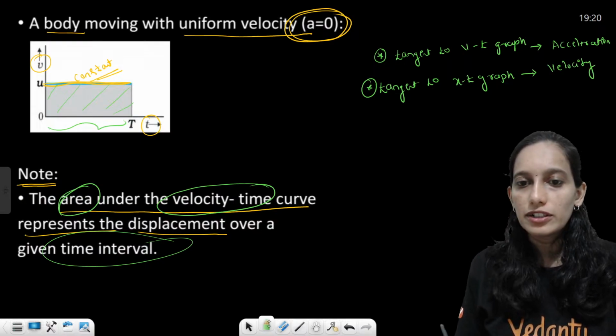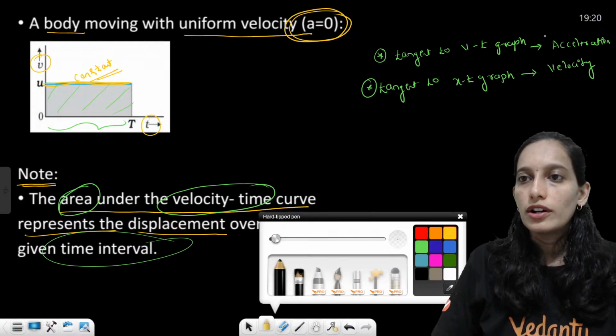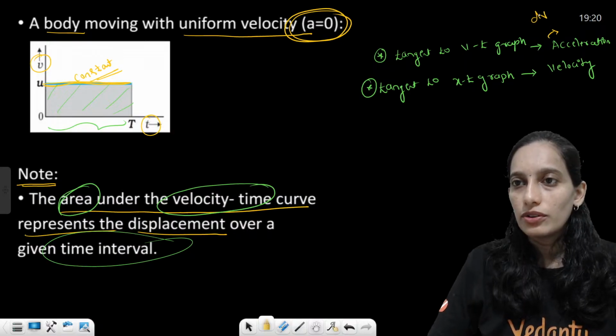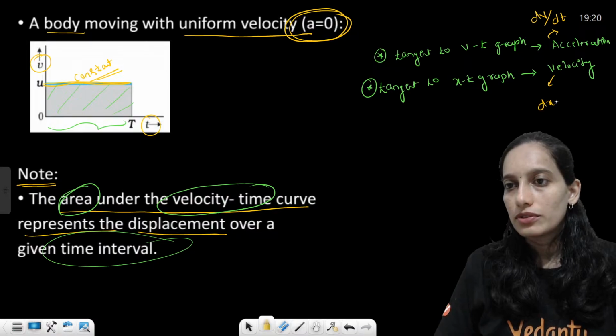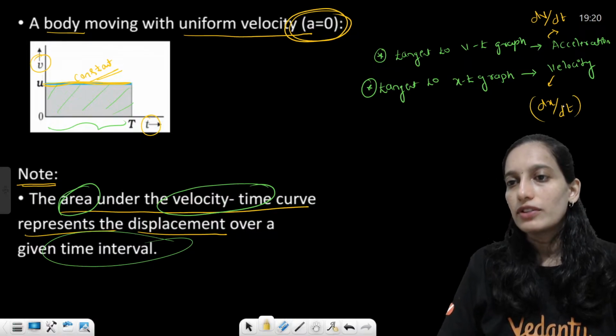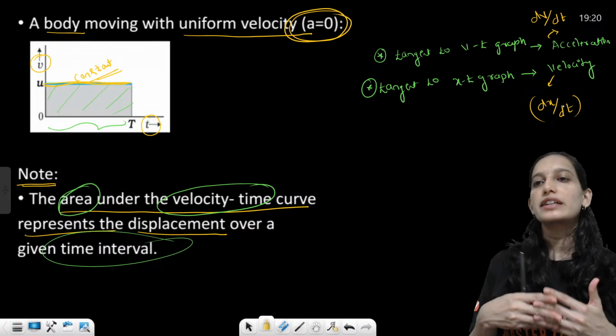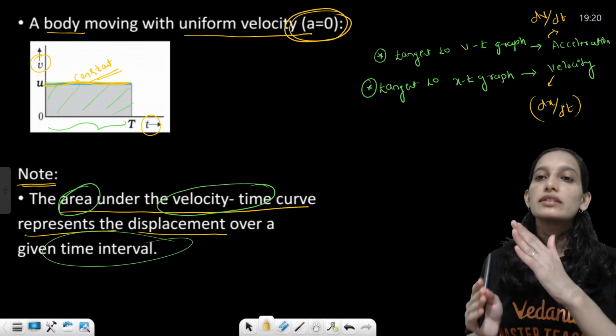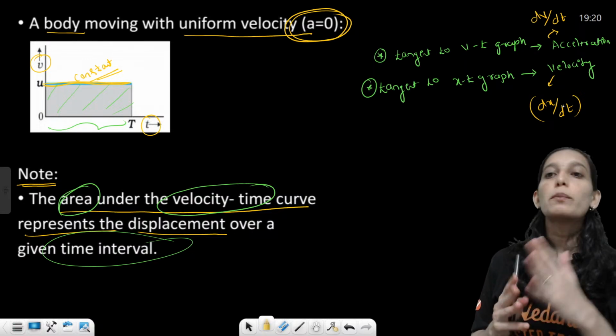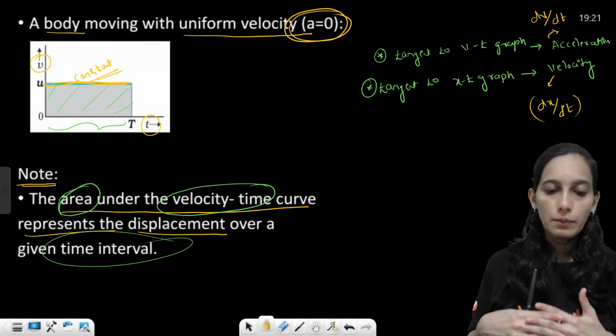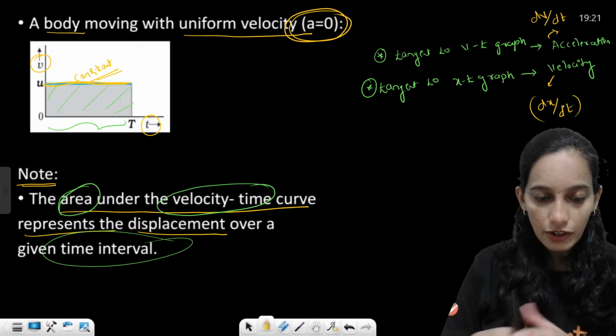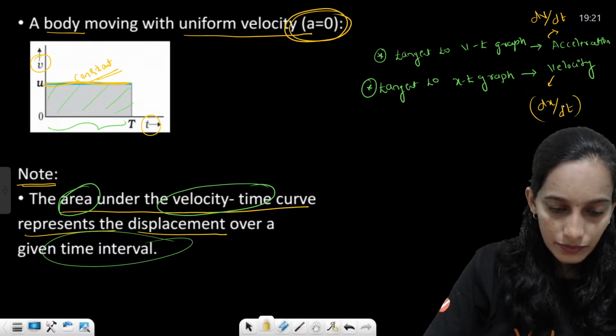You can remember this by their usual notation also, because acceleration is dv by dt, velocity is dx by dt, and we know that mathematically dx by dt and dv by dt represent the slope of the tangent at that particular point. Okay, hope it is clear. No doubts, I guess.